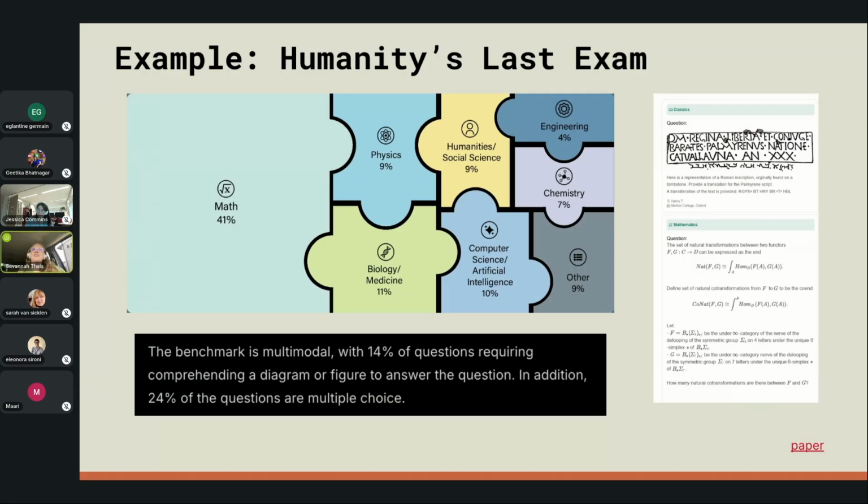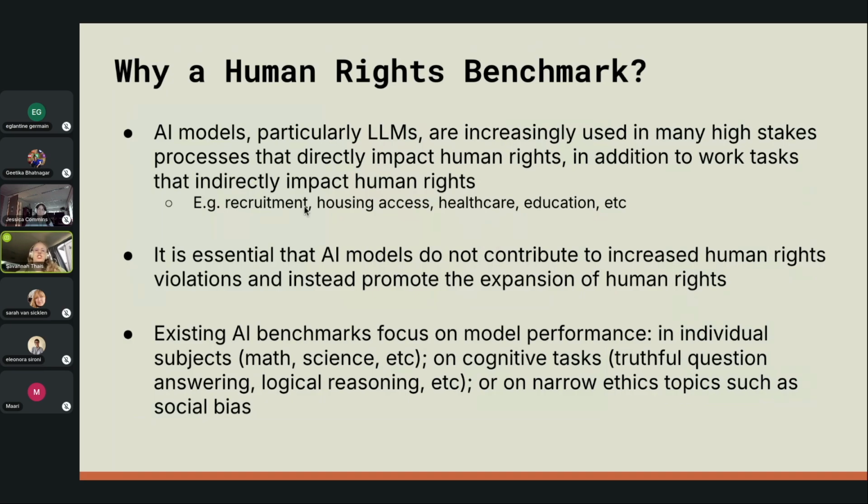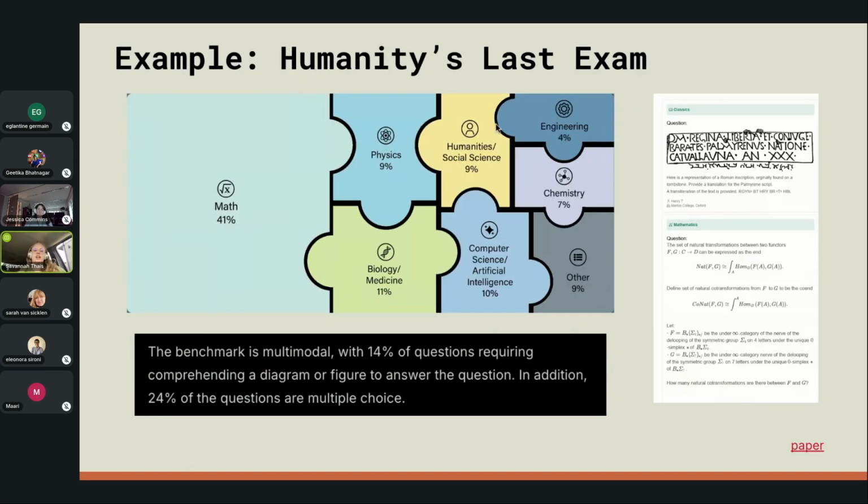So I wouldn't say that this benchmark really measures the true capacity of LLMs, but that's what the developers hoped it would do. So they solicited questions across different topics, and you can see the distribution here, from experts in these different fields. So they had mathematicians, for example, write math questions for LLMs, physicists, social science researchers, and so on.